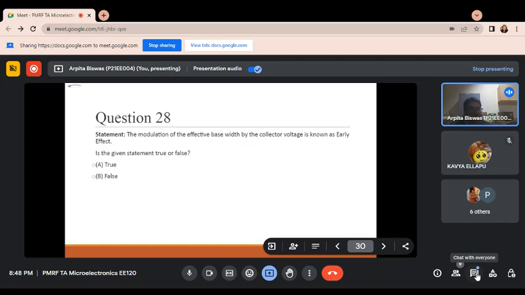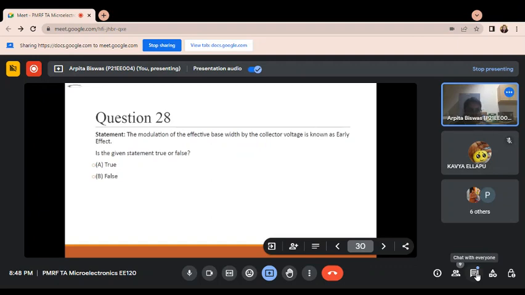Taking the example of an NPN transistor in active mode, the emitter base is in forward bias and the collector base is in reverse bias. The emitter base junction has a thinner width as it is in forward bias, but as we increase the reverse bias voltage at the collector base junction, its width also increases.